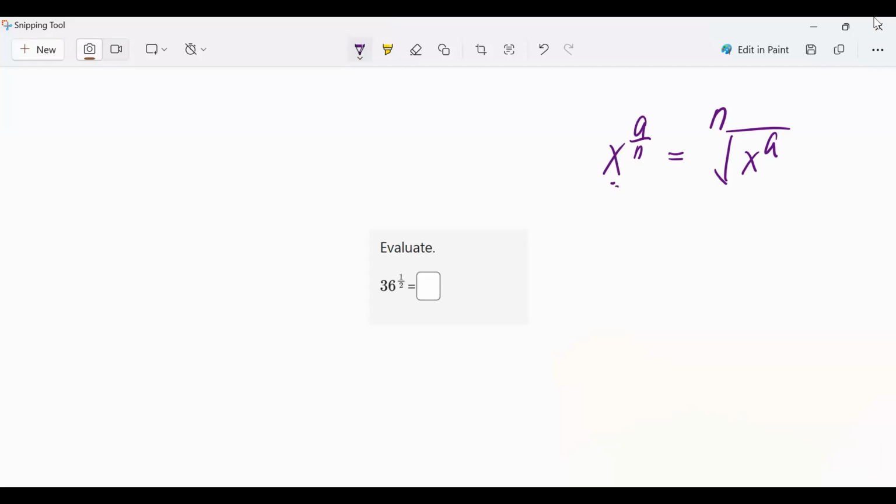So this is how you go from the exponent to the root. Similarly here, 36 to the first power, numerator is the power, denominator 2 is the index. And then usually by default, we just omit that 2. So it's just basically the square root of 36, that's it.